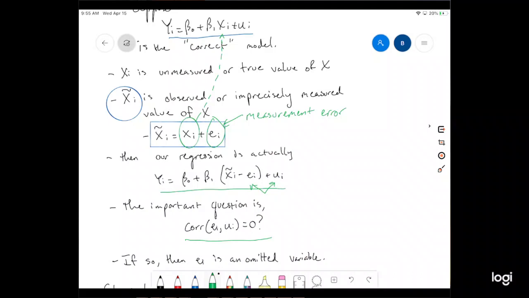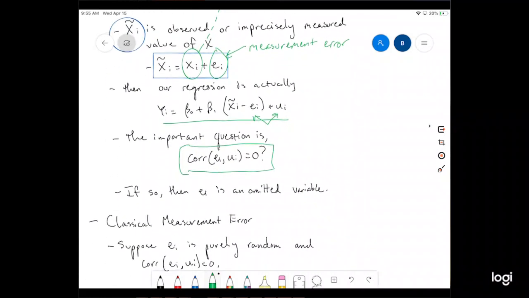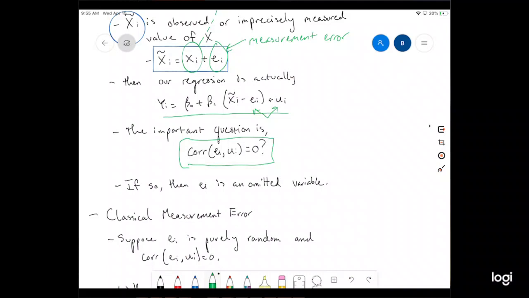So the question we need to ask ourselves is whether the correlation between ei and ui is equal to 0. Actually, I wrote this wrong. If the correlation is not equal to 0, then ei is an omitted variable causing beta 1 to be biased. Actually, in all cases, it's going to be an omitted variable that's causing beta 1 to be biased.